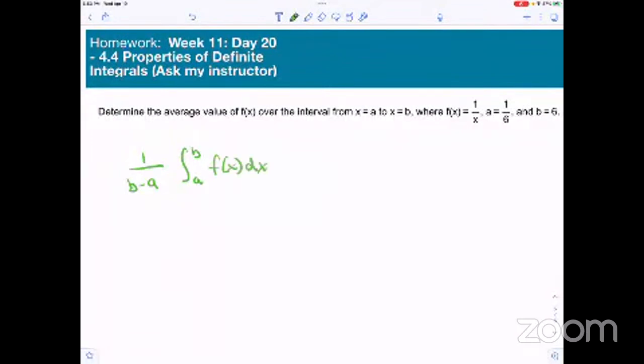So then we're going to have 1/(6 minus 1/6), okay? Times the integral as x goes from 1/6 to 6 of dx over x. An integral of 1/x is the natural log. I think this is going to be 1/30, right?